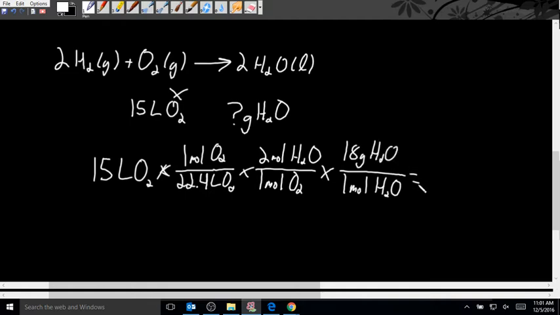So I have 15 divided by what's on the bottom, so divided by 22.4, multiply by what's on top, times 2 times 18, and I got 24.1 grams.